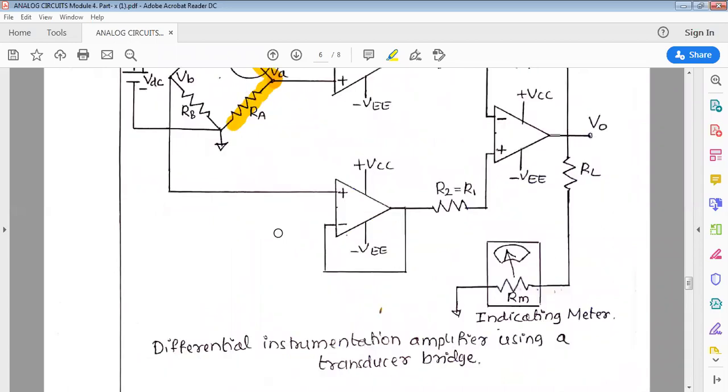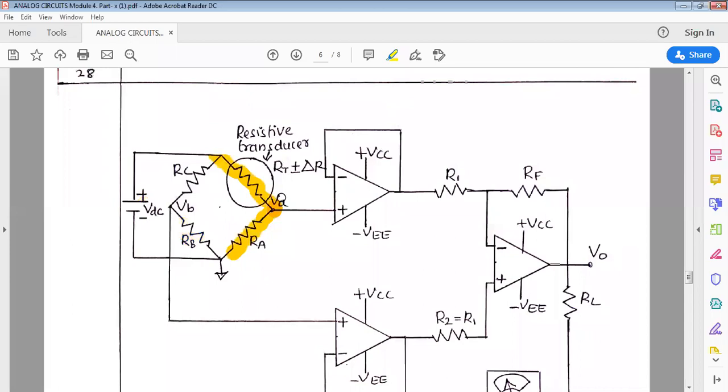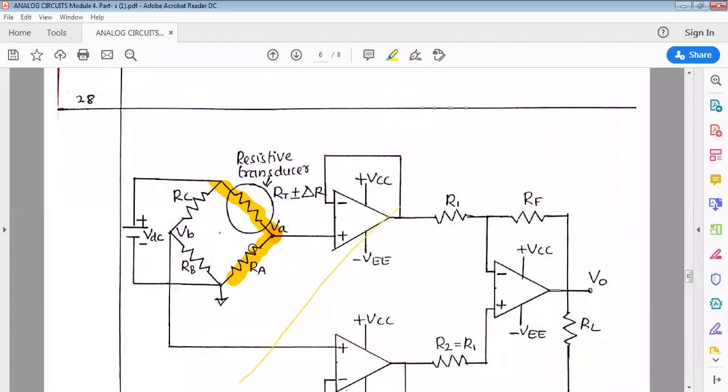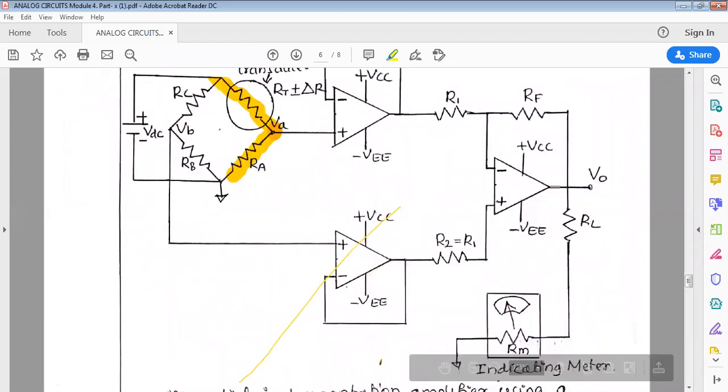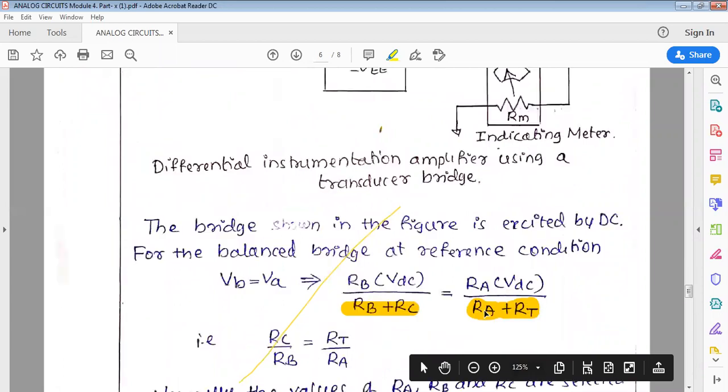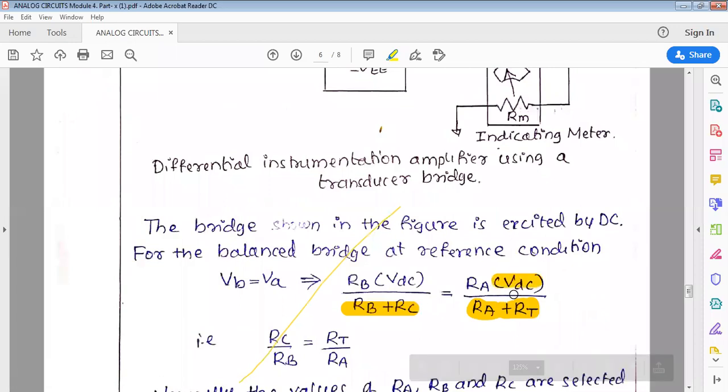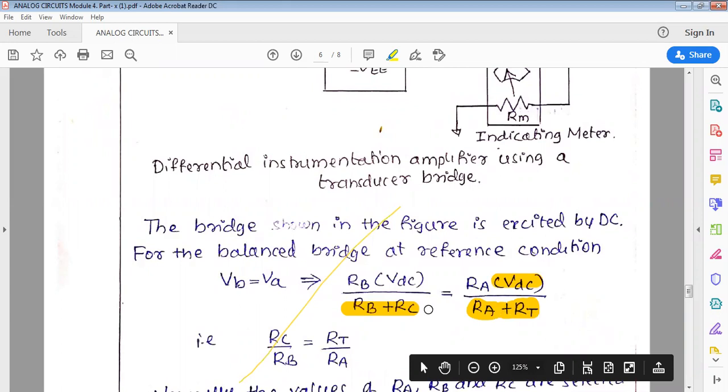And if I want to calculate VA, it is nothing but the voltage drop across RA, that is, the resistance RA into the current. So this is RA into VDC divided by RA plus RT.